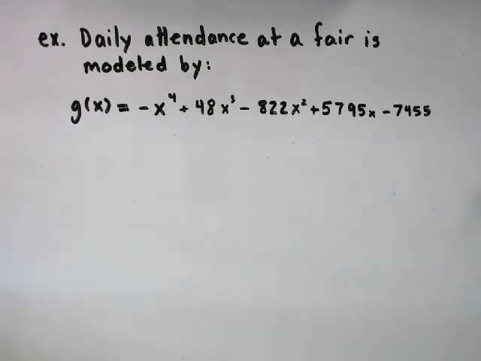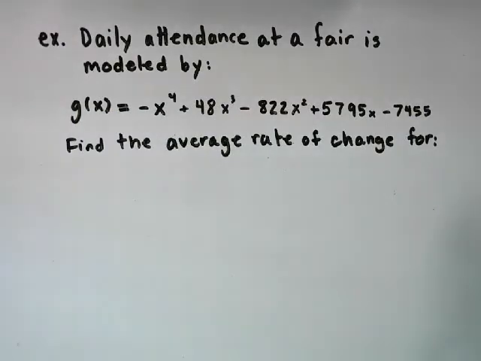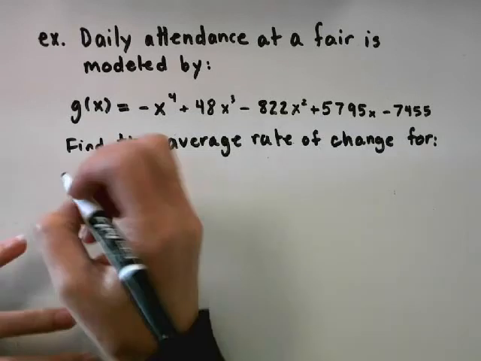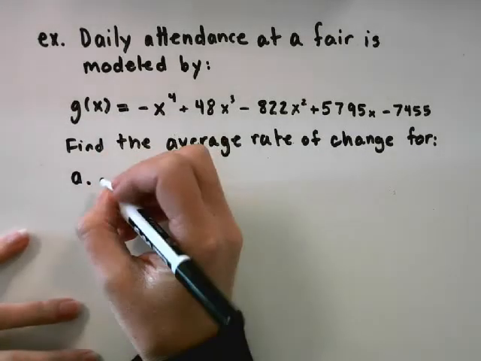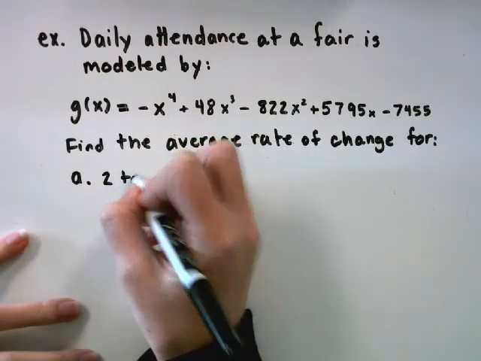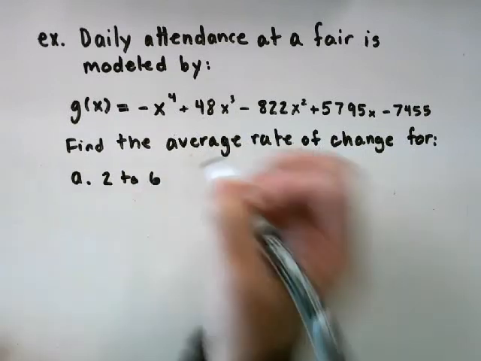For our next example, daily attendance at a fair is modeled by this big equation. So this is negative x to the 4th plus 48x cubed minus 822x squared plus 5,795x minus 7,455. So we're going to use this to find the average rate of change for 2 to 6.